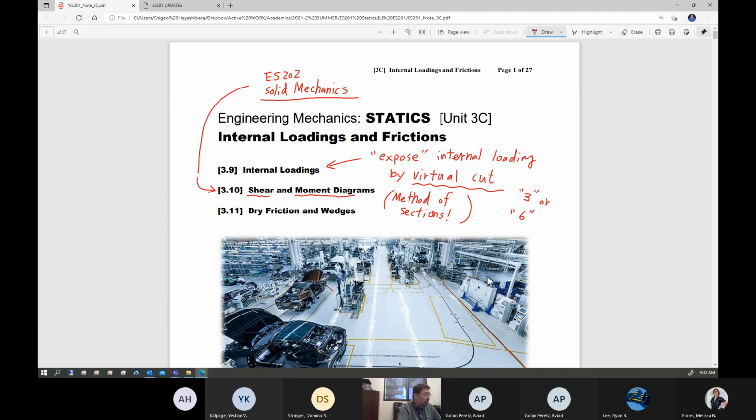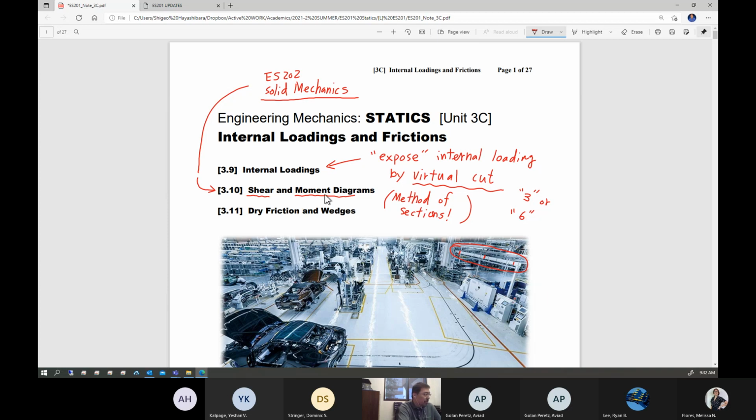Well, what is a beam? Maybe this could be a beam. Suppose you design and build this kind of structure: how much internal loading is developed at, let's say, right here, or right here, or here? How much internal shear and moment is developed within this structure? You can, of course, find out, or even draw a diagram for that.